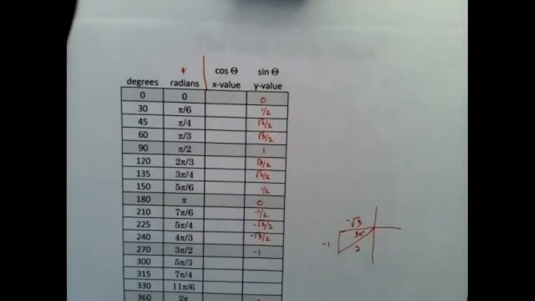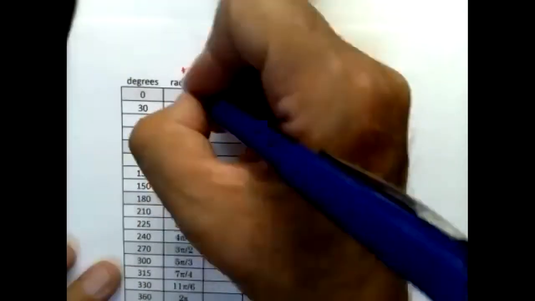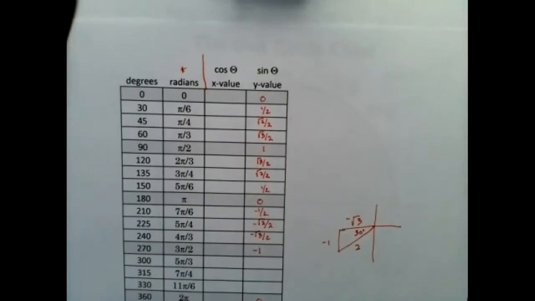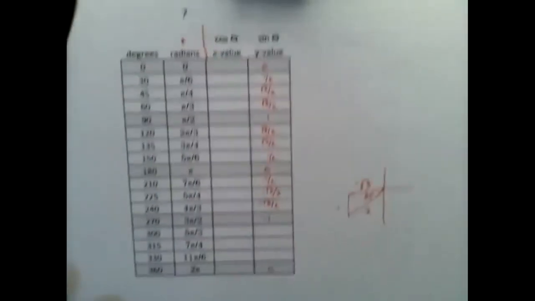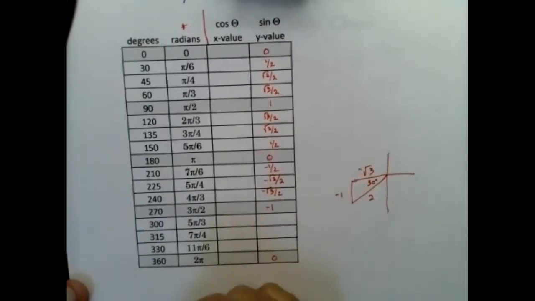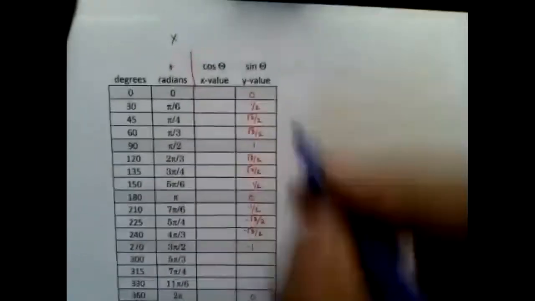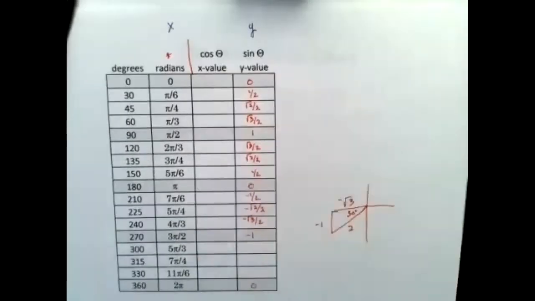I'd like to know what the graph of this looks like. And when I do the graph, I'm almost always going to work with radians. And I'm going to treat this as right now for y equals the sine of theta. I want to graph that. That means I want this to be my y values.